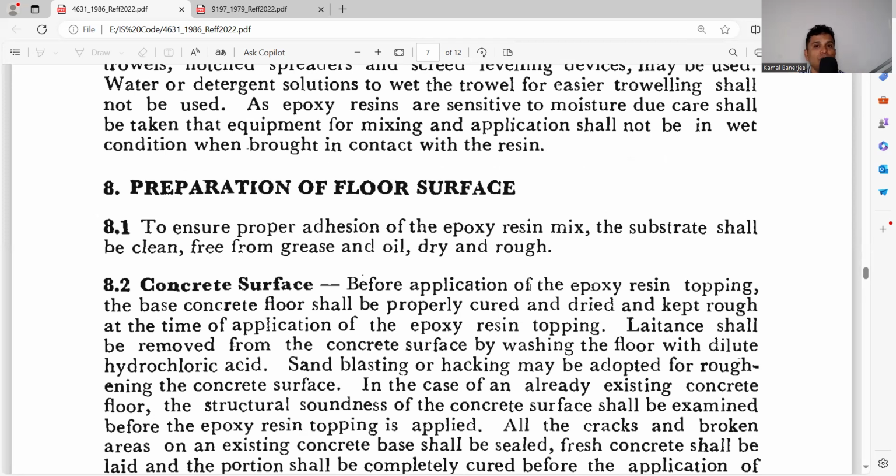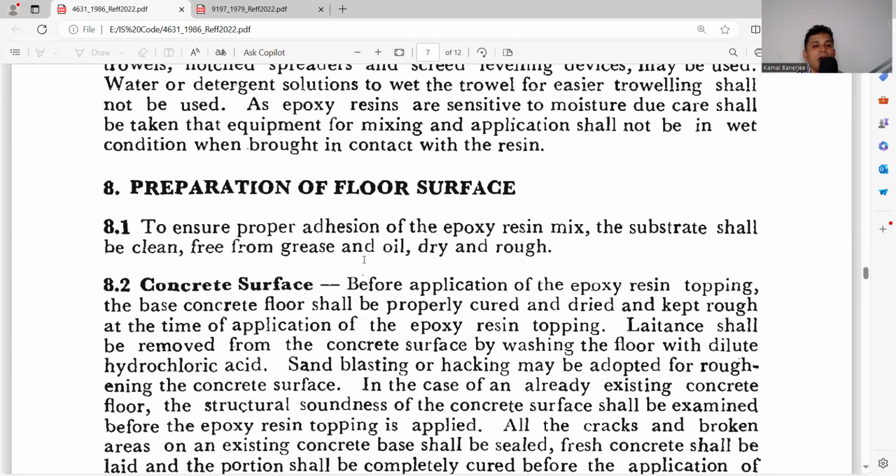So now we need to prepare the base. If the base is not as per the requirement, there will be no adhesion happening between the concrete or the base and the epoxy flooring, and we will not get the durability, we will not get the longevity or the longer lifespan. So it is very much important to rub the surfaces, clean them free from grease, oil, dirt, and make them rough, so that whenever we lay down the epoxy flooring, it can catch immediately and the proper bonding can happen.